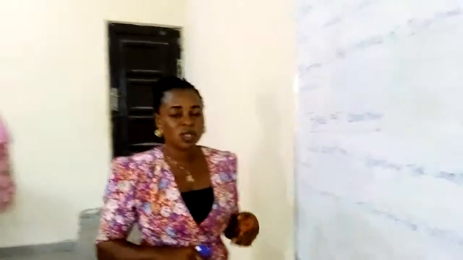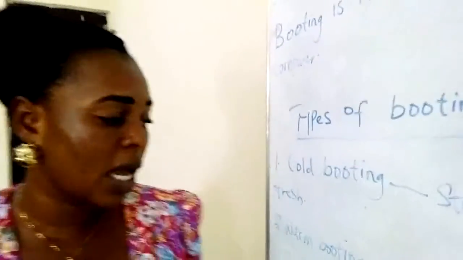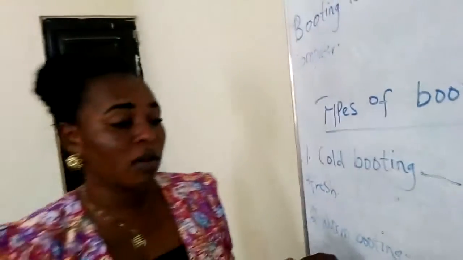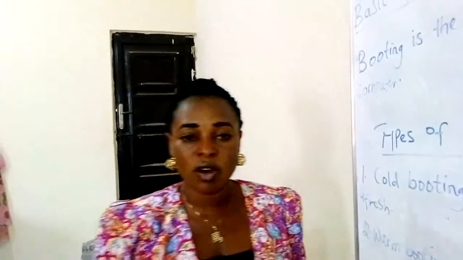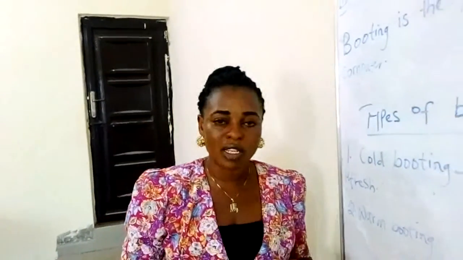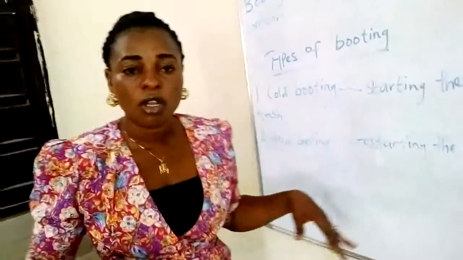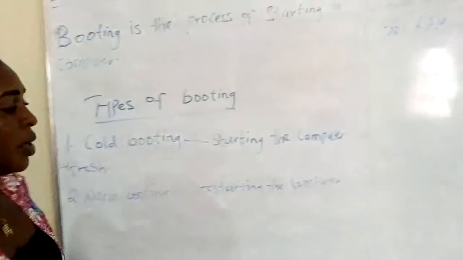We went ahead to talk about warm booting, and we said that warm booting means restarting the computer. One of the things that makes systems to be restarted is probably you are working on a system, it's not giving you what you want, it's not loading your files very fast, so you need to restart it. We also went through the steps to show how warm booting is carried out.